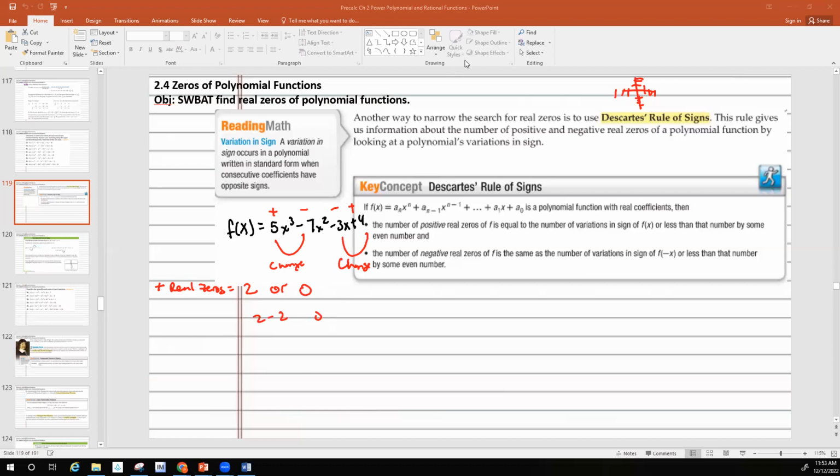Like if you had 6 changes, then you go down by 2s. So it could either be 6 positive real zeros, 4 positive real zeros, 2 positive real zeros, or 0 positive real zeros. And likewise, if it was an odd number, same thing. 5, so go by 2s. You can have 3 or 1.